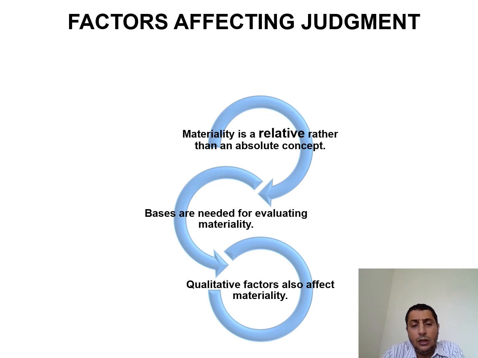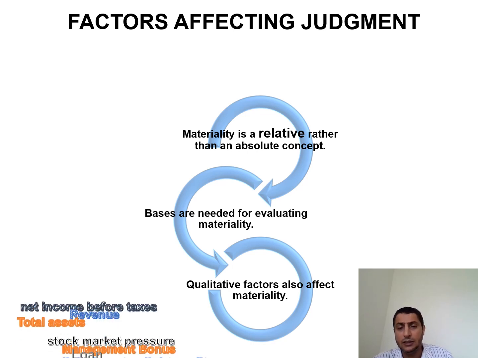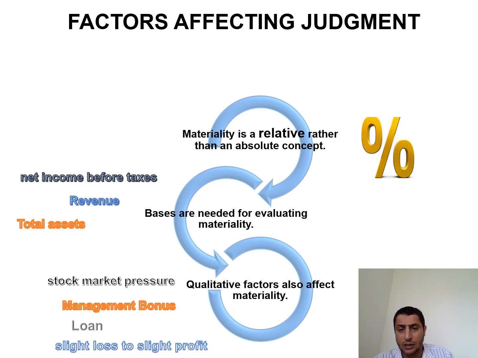Other than that, the third factor is that qualitative factors also affect the materiality. What do we mean by qualitative factors? Materiality is a dollar or ringgit concept. We need to set up a ringgit amount of materiality. However, some non-financial information can be considered, let's say the stock market pressure and the management bonuses, slight loss, and slight profit.